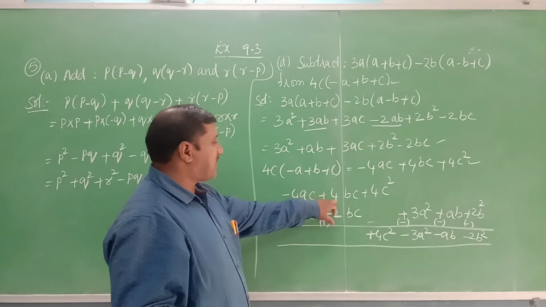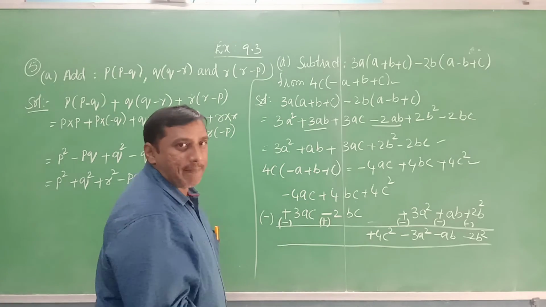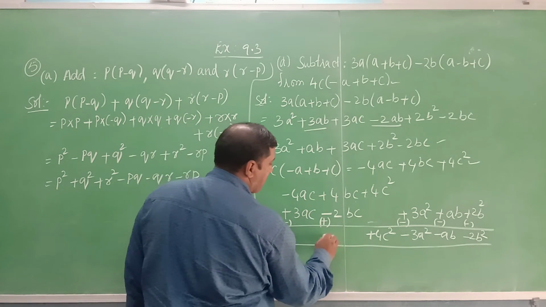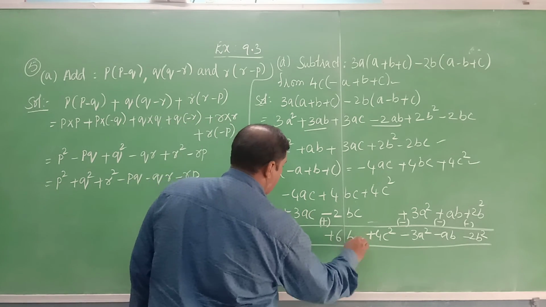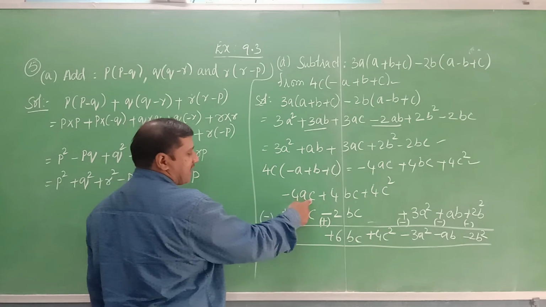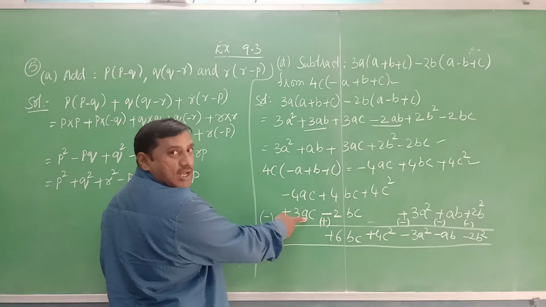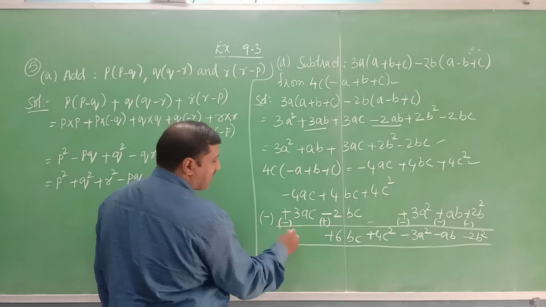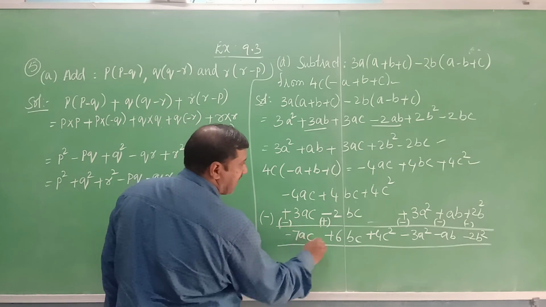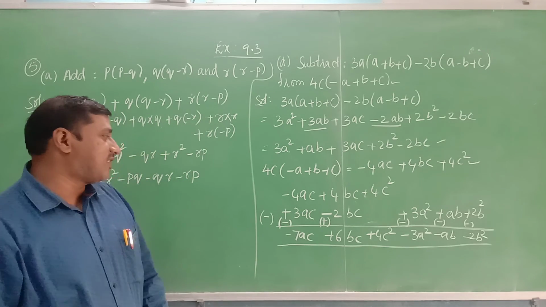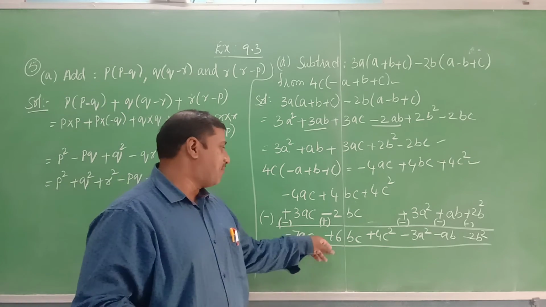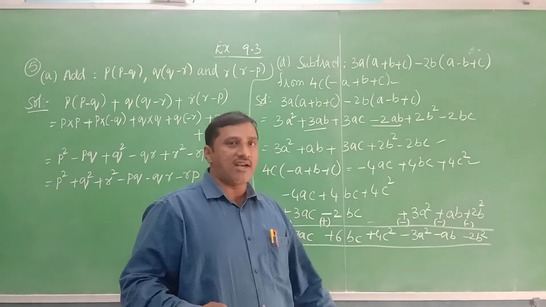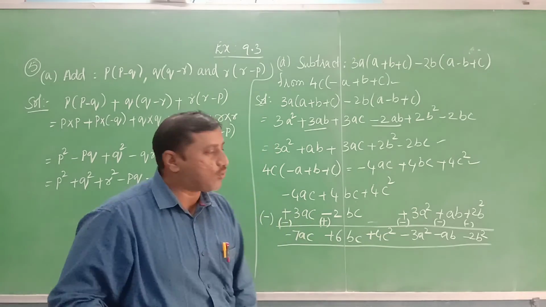Then plus 4bc minus 2bc, both are like terms, add the coefficients: 4 plus 2 is 6, so plus 6bc. Now minus 4ac minus 3ac, both are like terms, add the coefficients: minus 4 minus 3 is minus 7ac. So the result is minus 7ac plus 6bc plus 4c square minus 3a square minus ab minus 2b square.